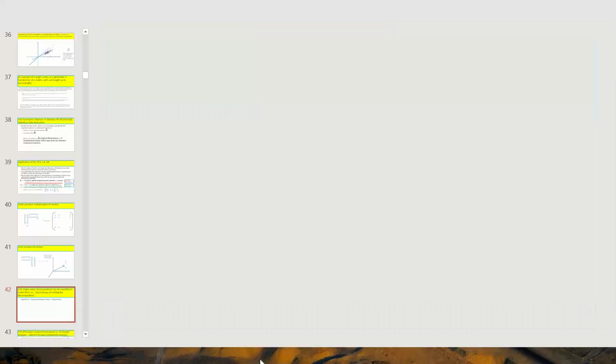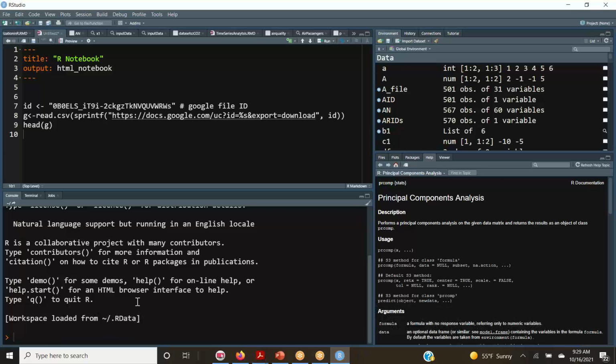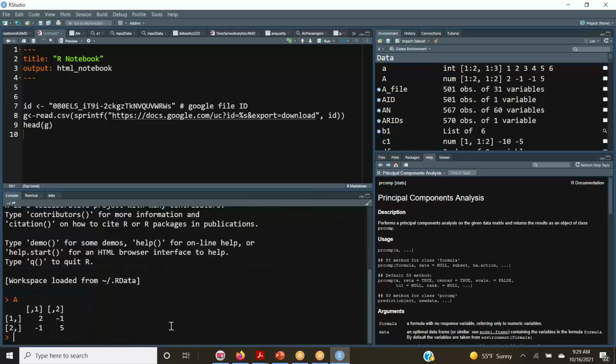I think I showed you yesterday about that, but it disappeared. No, not disappeared. I switched off the computer. So let's call that quickly to review again. A is this, I think. Yes. So I said eigen of this matrix A times diagonal of, I had to create a diagonal matrix.